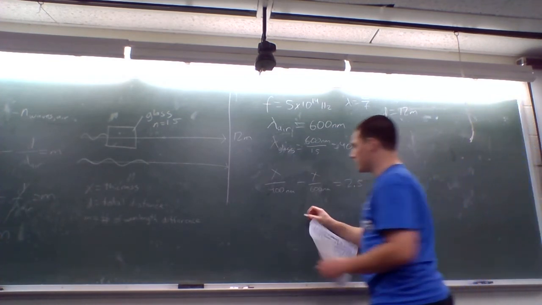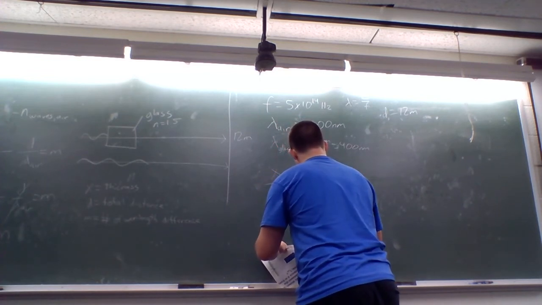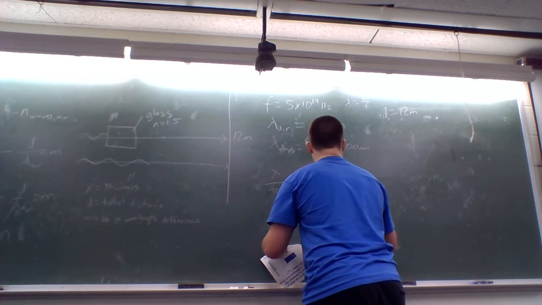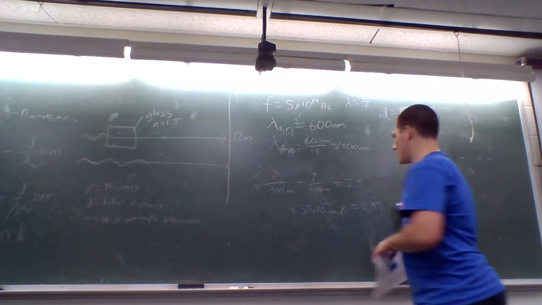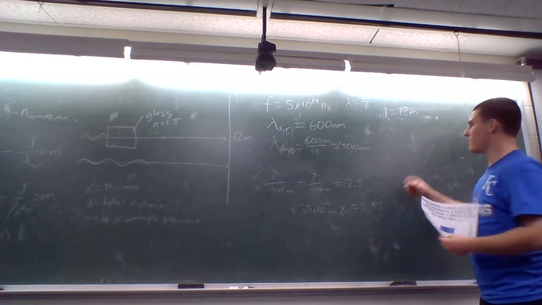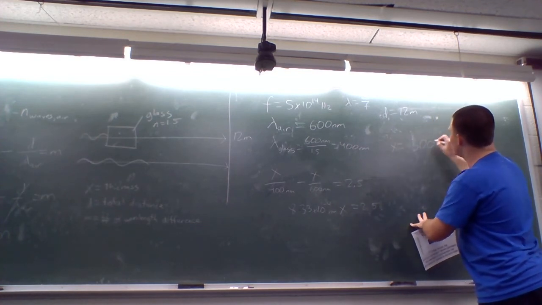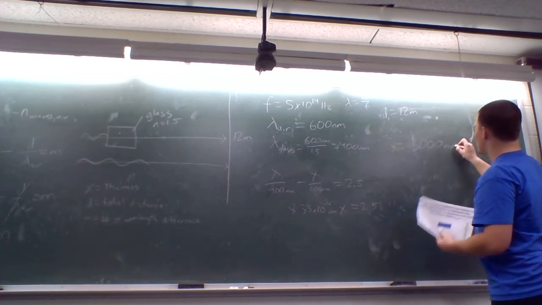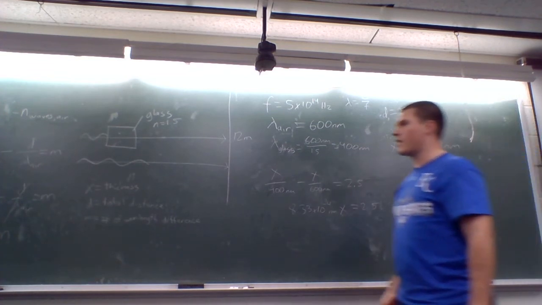So doing this once again, we'll just end up with the same thing over here: 8.33 times 10 to the negative 4th times x equals 2.5. And solving for that, like I already said, x equals 3,000 nanometers.